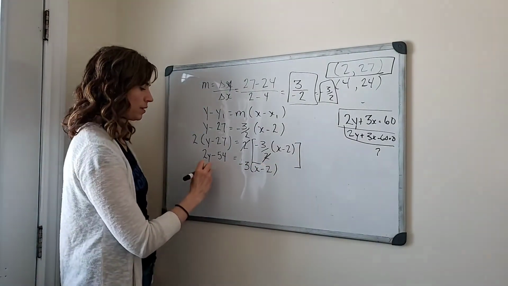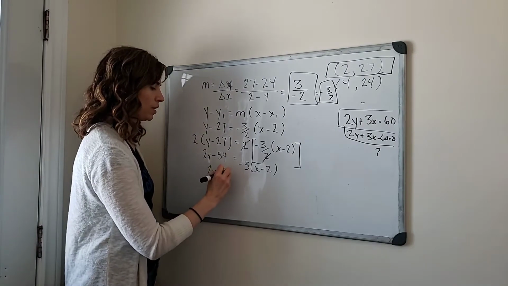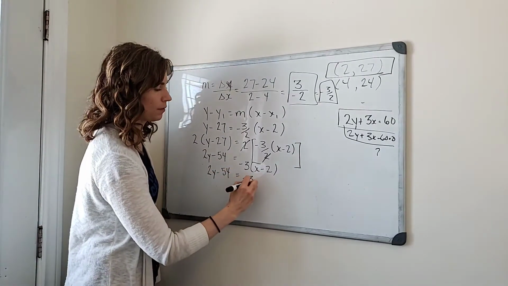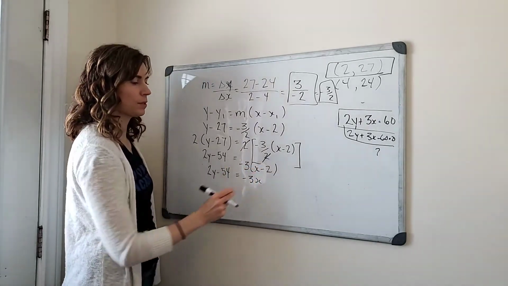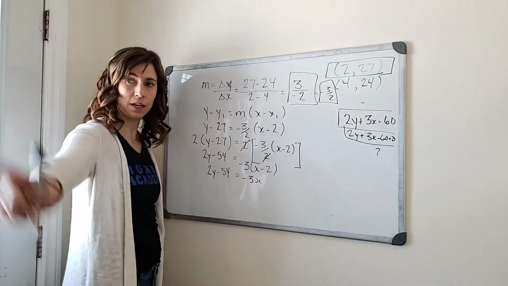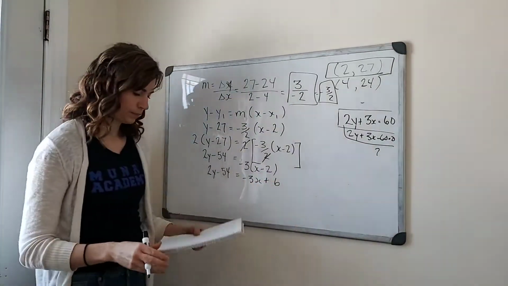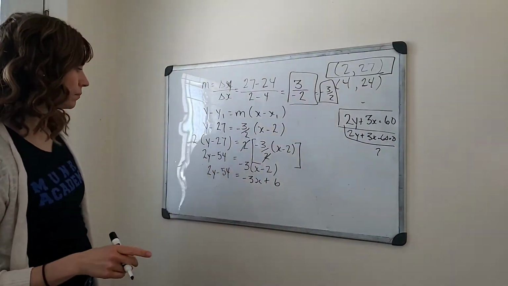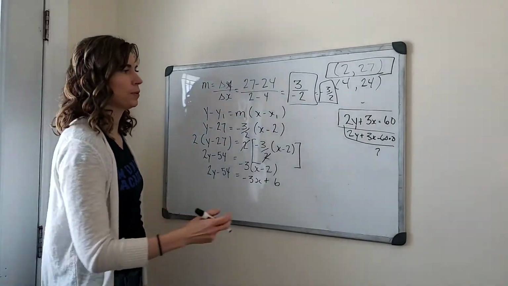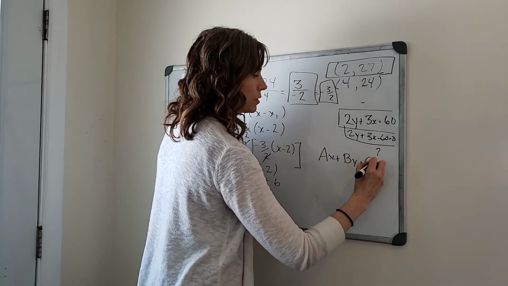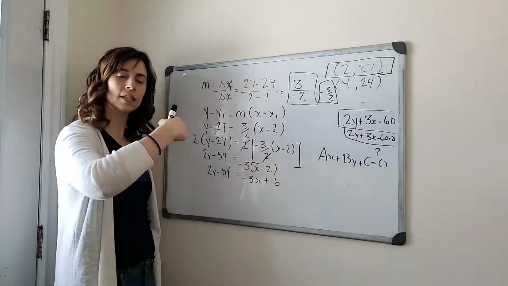Let's simplify this. So I'm going to keep my 2y minus 54 on this side. Negative 3 times x is negative 3x. Negative 3 times negative 2, negative times negative is a positive. Okay, we got that, plus 6. All right, we're looking good. Now, general form, as we know, ax plus by plus c equals 0. We need everything together.